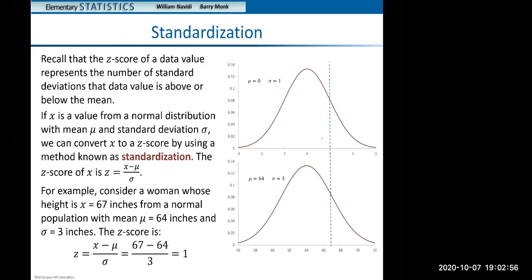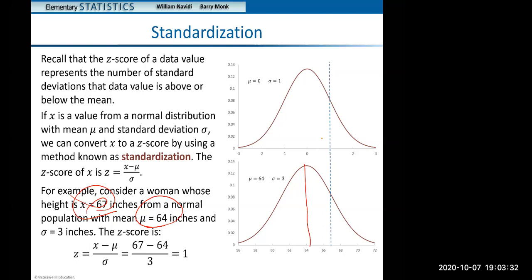Just like an example here, consider a woman whose height is 67 inches from a normal population with a mean of 64 and a standard deviation of 3. Then you will be able to compute the z-score. Substitute those values: 67 minus 64 over 3 is equal to 1. The mean is 64, and remember, in a normal curve, the center is the mean.